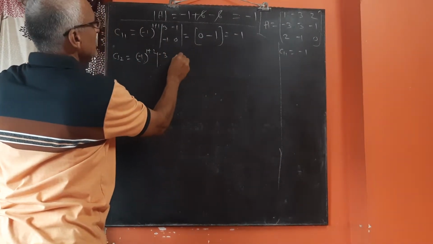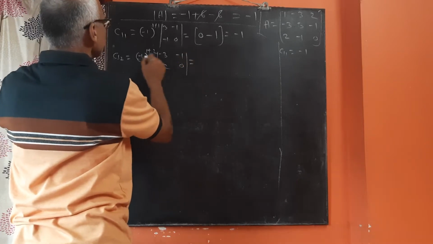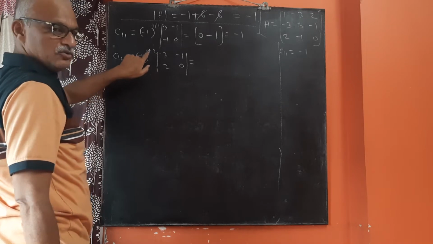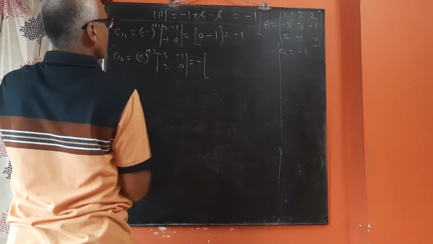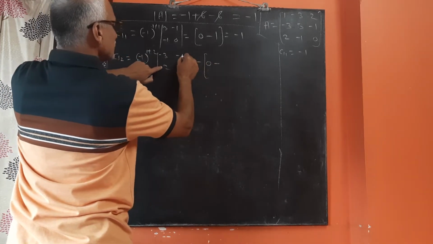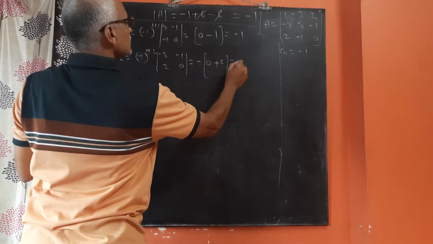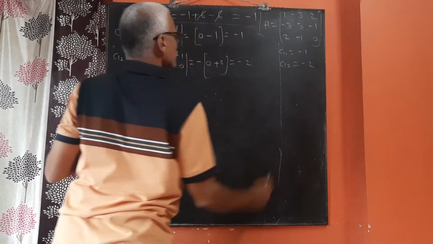Minus 1 raised to 1 plus 2 means minus 1 raised to 3, that is odd, that is minus, into (minus 3 into 0, 0, minus of minus plus 1 into 2, 2). So you get this equal to minus 2, that means C12 is equal to minus 2.